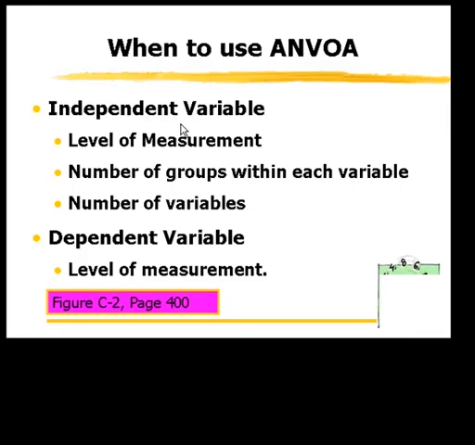So the independent variable is at the ordinal or categorical level, and the outcome variable, or the dependent variable, is at the continuous level of measurement. That's absolutely essential that you understand, so that when you look at the literature, you're able to determine whether someone is using the analysis of variance correctly or not.